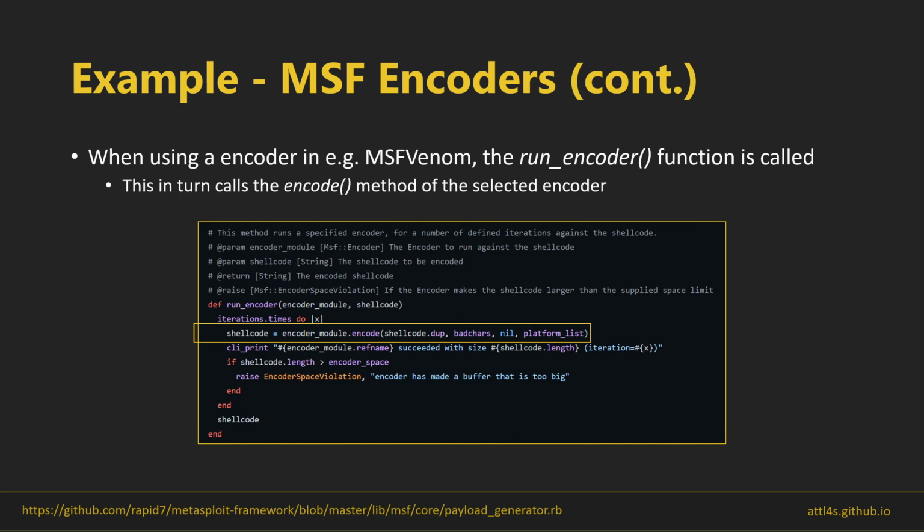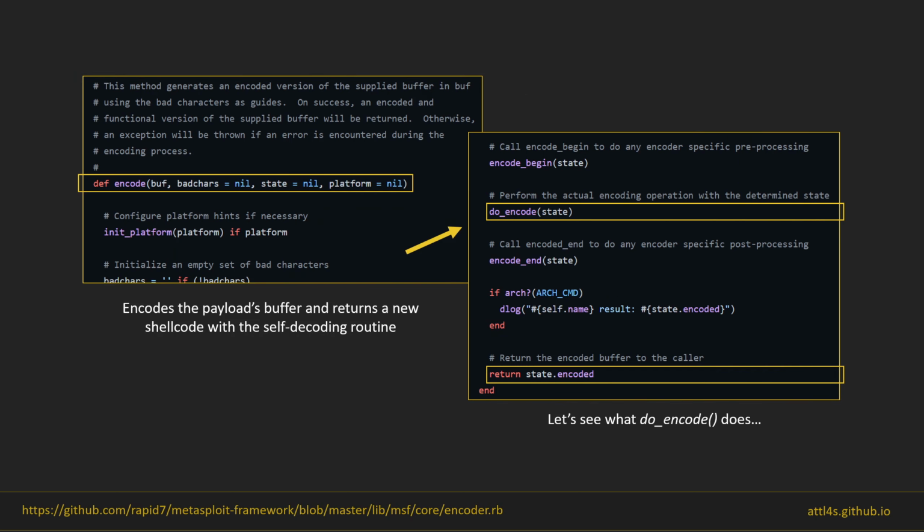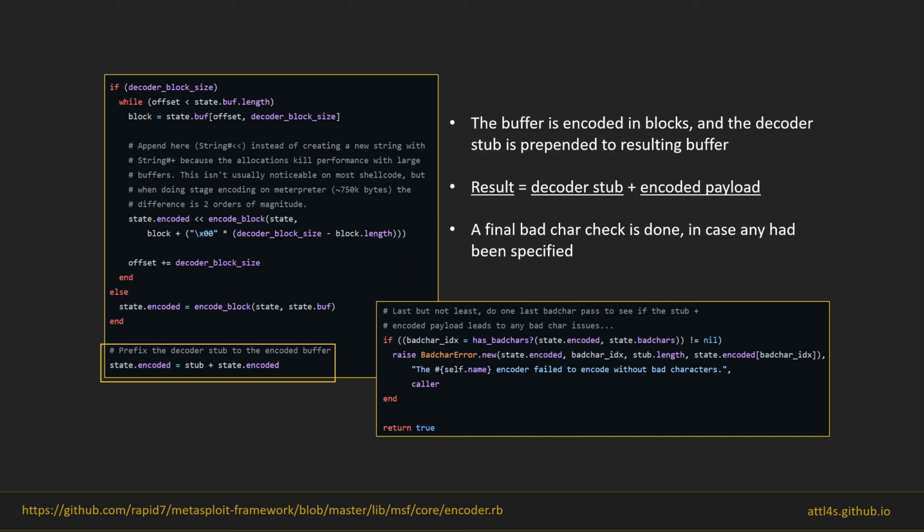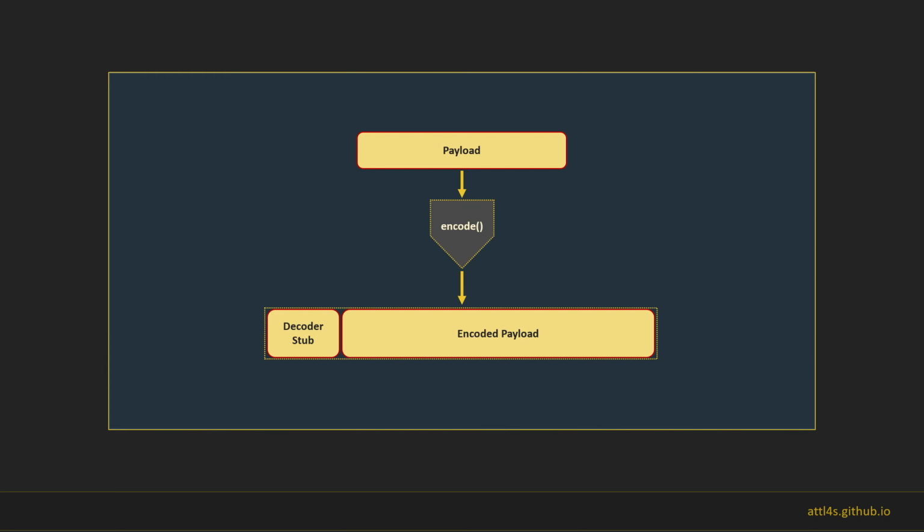Here I more or less explained the flow of how Metasploit encodes your payload and adds a decoder routine. I'm not going to dig into this very much. When you encode your payload, the result is going to be something like this: you receive your payload encoded, and then a decoder stub at the beginning of the code.